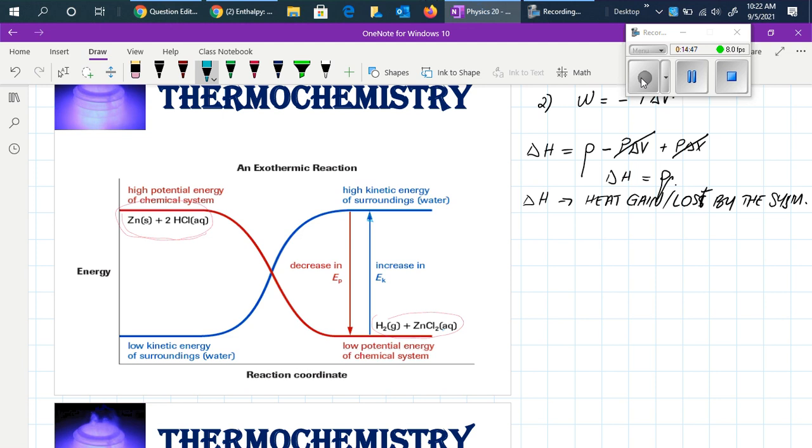Because what is happening in the calorimeter is that the potential energy that is changing in the chemical reaction is reflected in the surrounding of the calorimeter, which in most cases is water. Okay, makes sense?